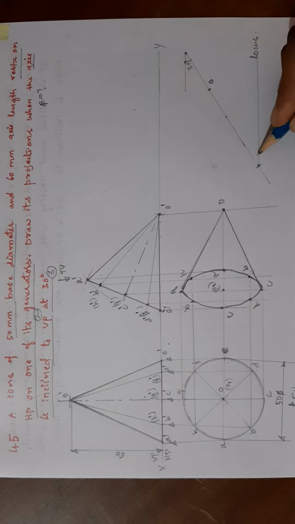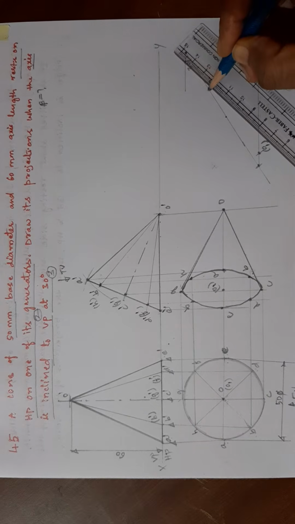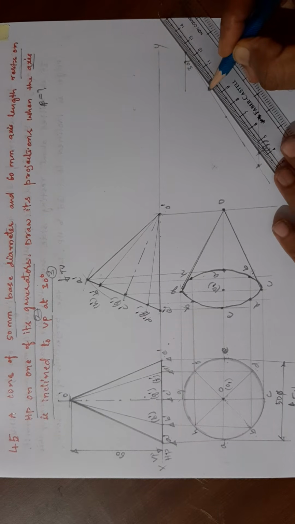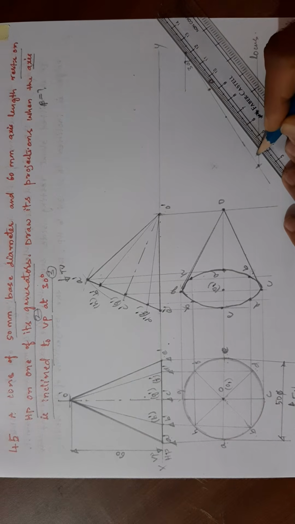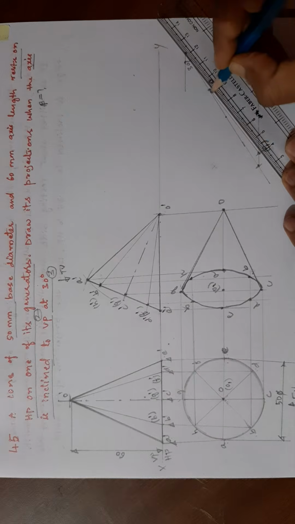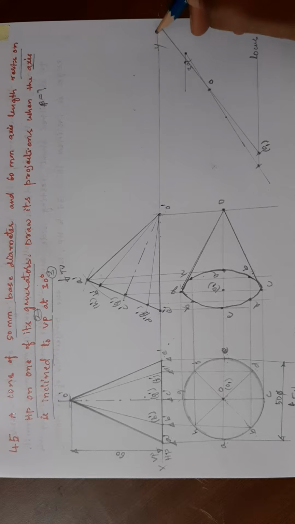and this point is O1, O1 in the bracket. Now join O1 O. Extend it to cut the XY line.